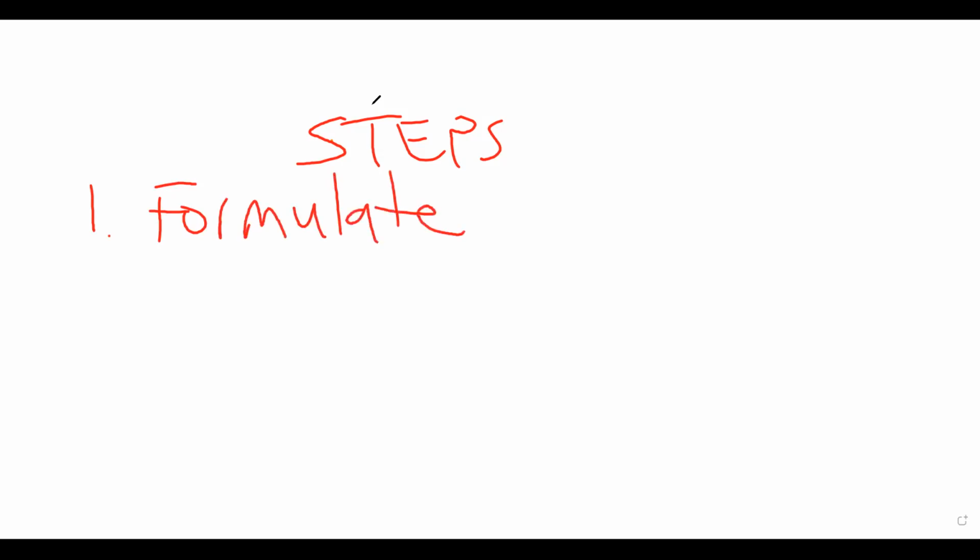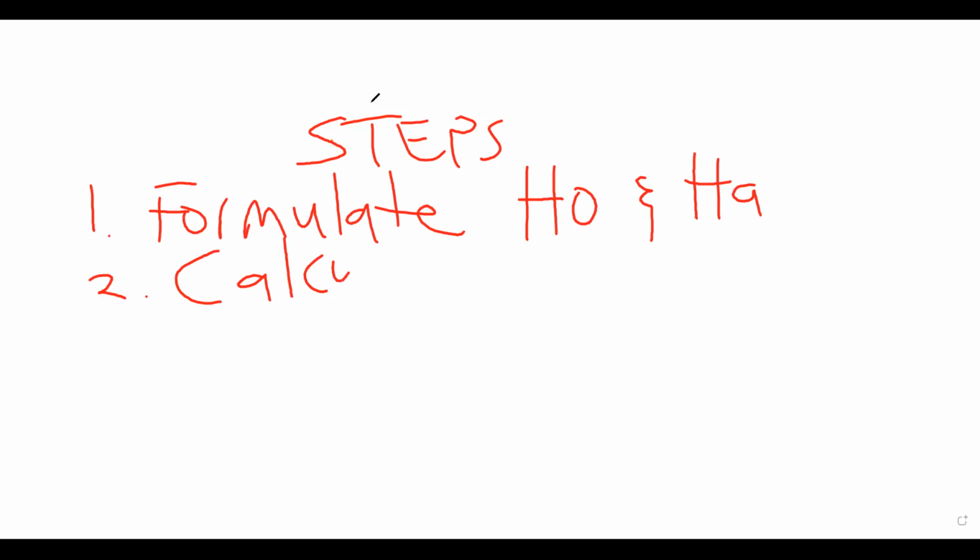Formulate the null hypothesis and then the alternative hypothesis. That was step one, and the last time we learned how to do that. Step two is to calculate the test statistic, which we sometimes call the calculated value.